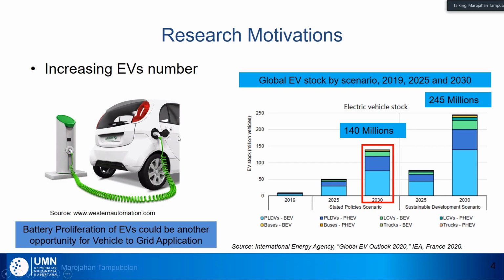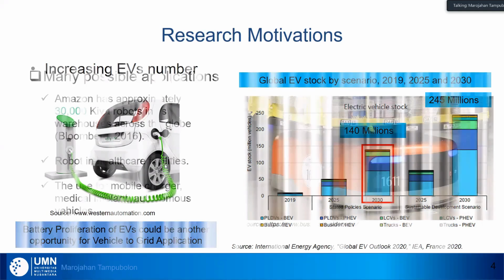So some ideas have been proposed to solve this problem by using the EV battery as a storage device for renewable energy and to support the system during the peak time. That's why we can say that battery proliferation of EVs could be another opportunity to stabilize the power system by using vehicle-to-grid applications.